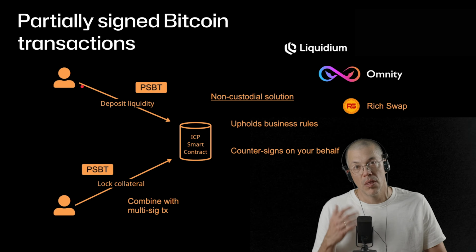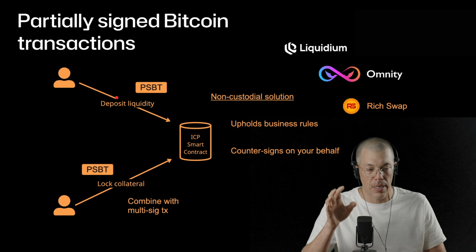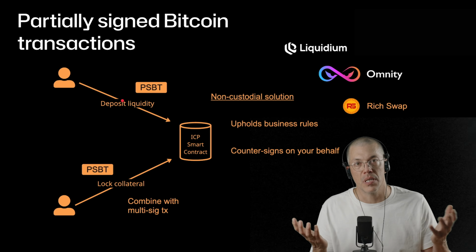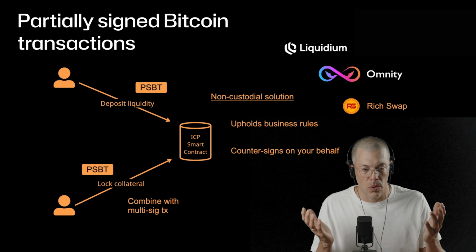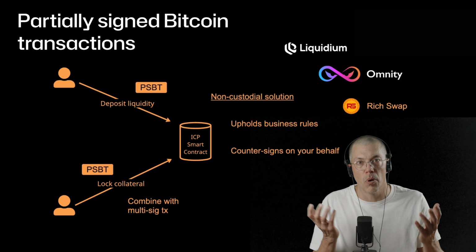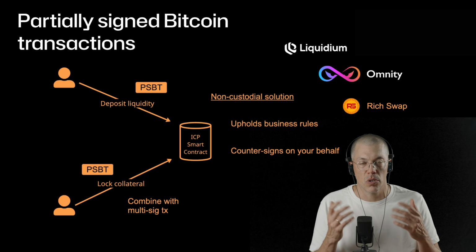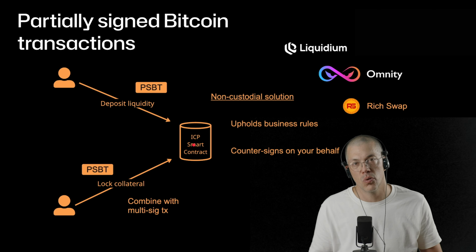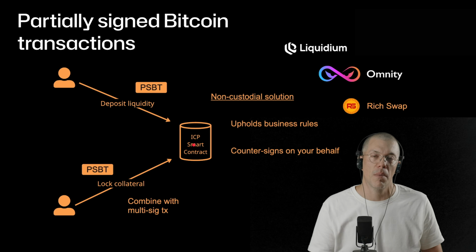Both the lender and the borrower will deposit liquidity and lock collateral using partially signed Bitcoin transactions, where they say that I am willing to release my liquidity and I'm willing to borrow these tokens if certain parameters or certain rules are met, and it's up to the ICP smart contract to co-sign these partially signed transactions if it finds a match.